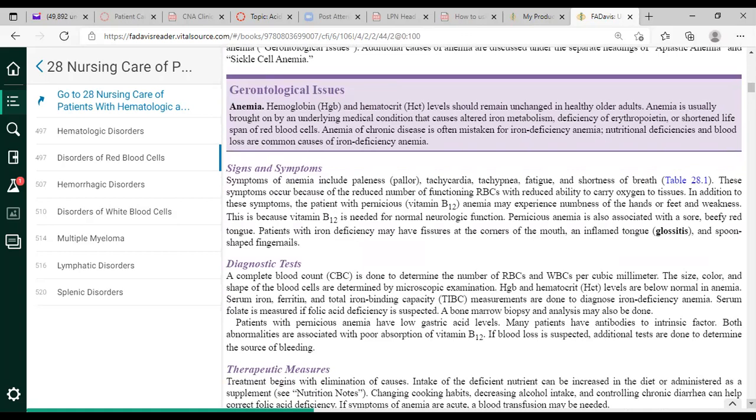And it talks about the different symptoms of anemia. One of the symptoms is pallor, where the patient starts to look pale. If you don't have enough blood in your intravascular space, that contributes to low blood volume.